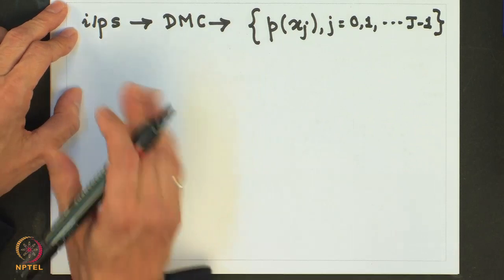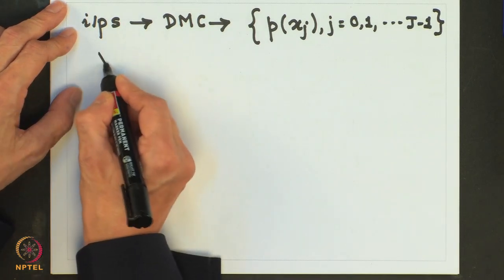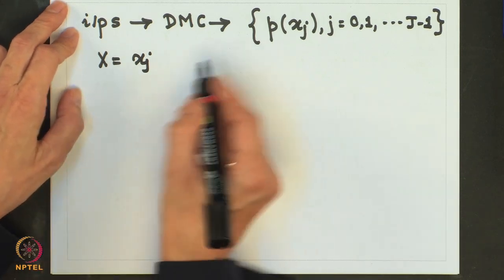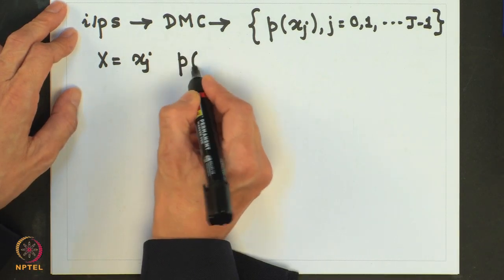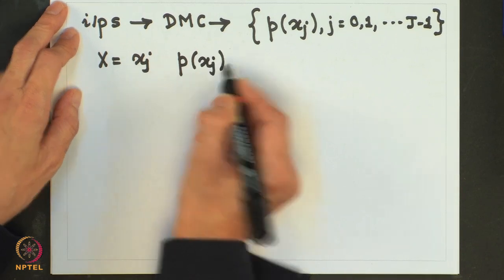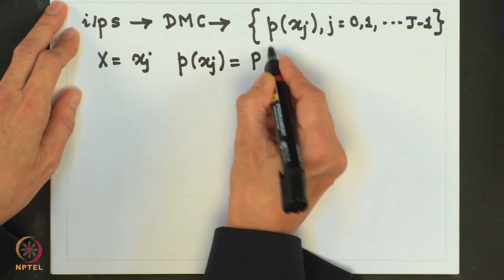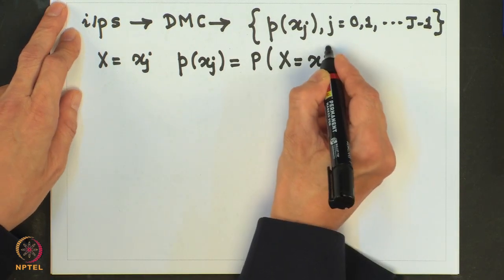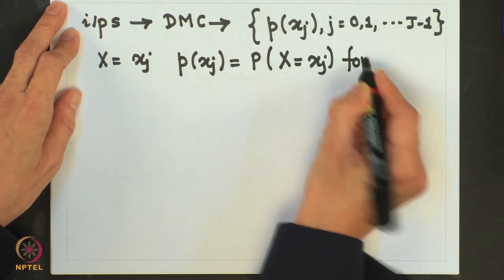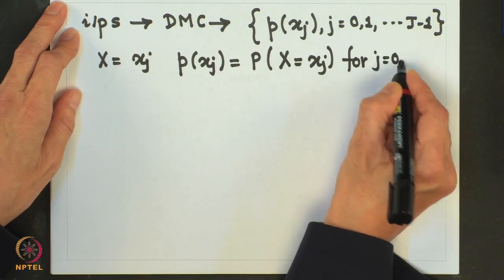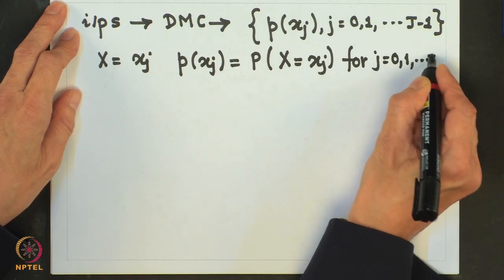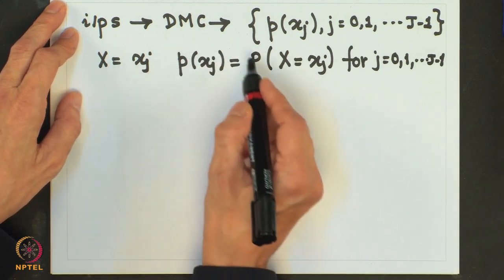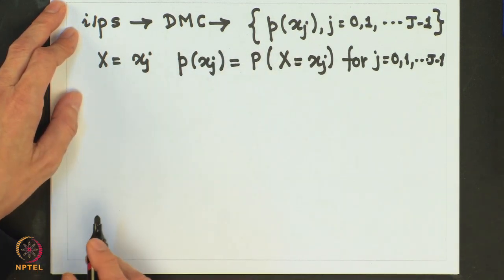What it means is that the channel input X equal to xj occurs with the probability p(xj), that is the same as the probability of this event occurring. This is known as the a priori probability of xj.